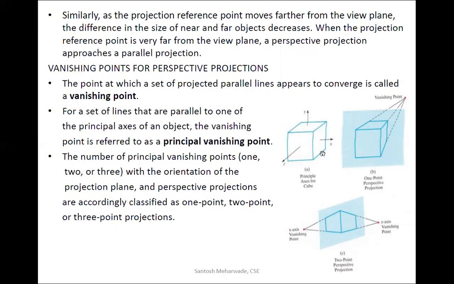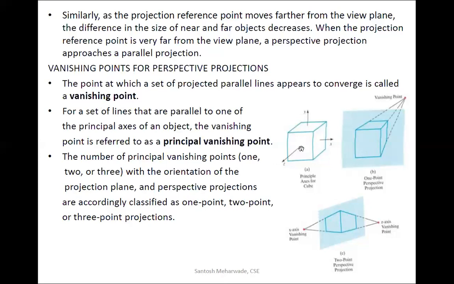If this is the object with its principal axes, that is the x-axis, y-axis and z-axis. Principal axis means, for our reference, we will assume that this is the x-axis, this is the y-axis and this is the z-axis.